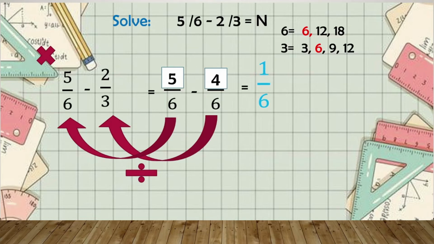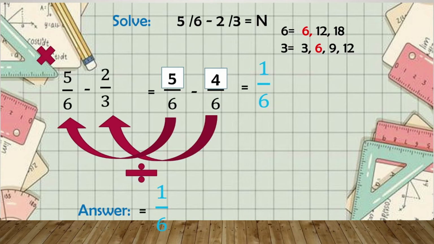So, we have an answer of 1 over 6. Okay? Once you have the answer, only then will you draw it. How do we draw this? You will base the drawing on the new fractions, which should already be similar fractions. So, we have 5 over 6 minus 4 over 6 is equal to 1 over 6.